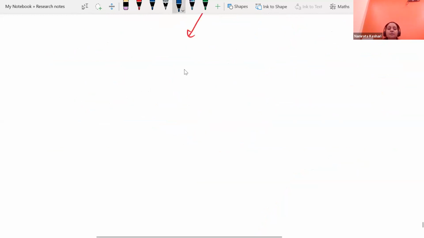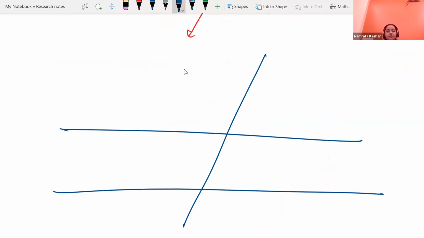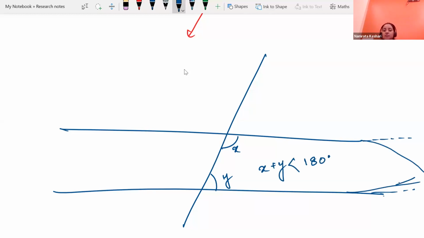It says that if a straight line falling on two straight lines makes interior angles on the same side of it, added together, taken together, less than 2 right angles, then if you produce them till infinity, these two lines are going to meet each other.